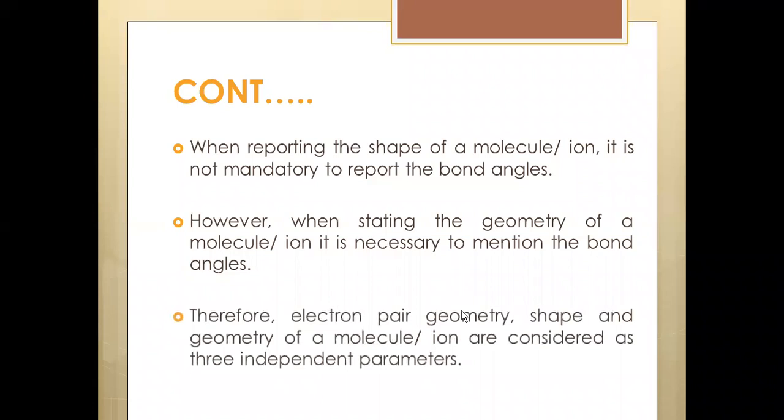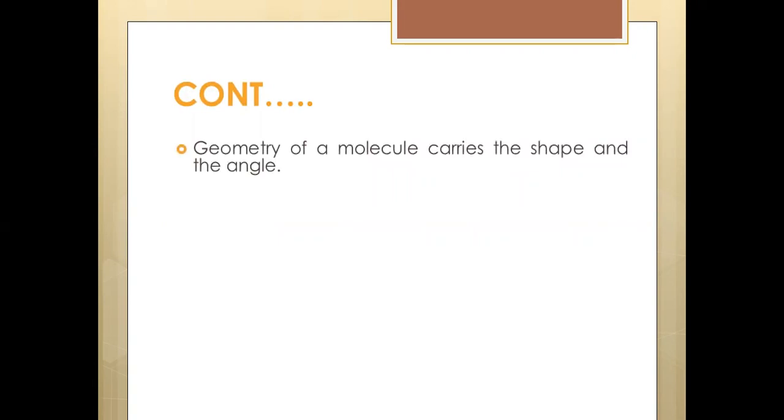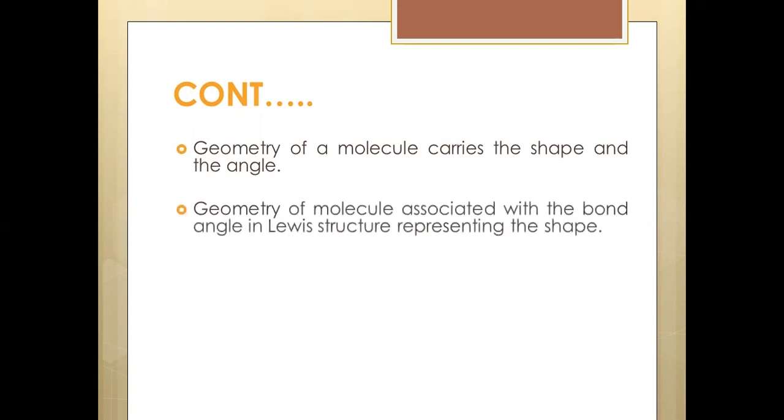Therefore, the electron pair geometry, the shape, and the geometry of the molecule are considered three independent parameters. The geometry of a molecule carries a shape and the angle. The geometry of the molecule is associated with the bond angle in the Lewis structure representing the shape.